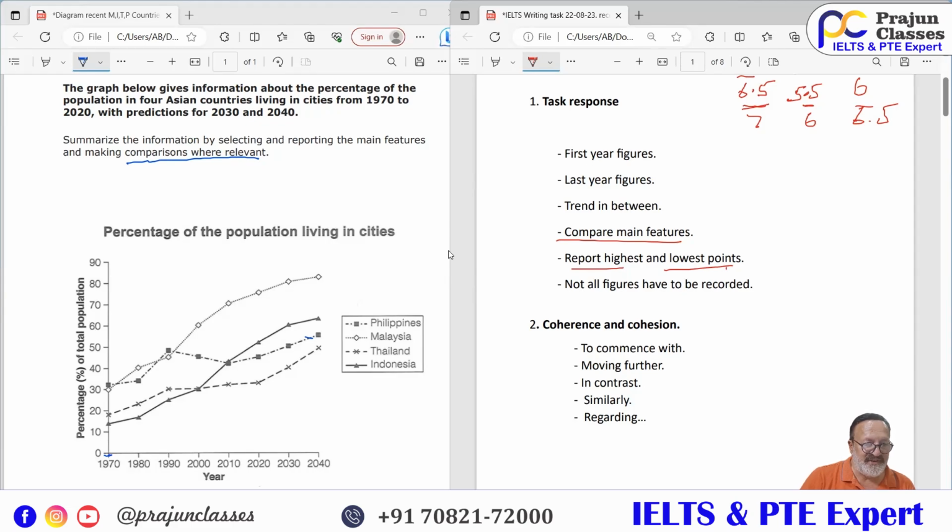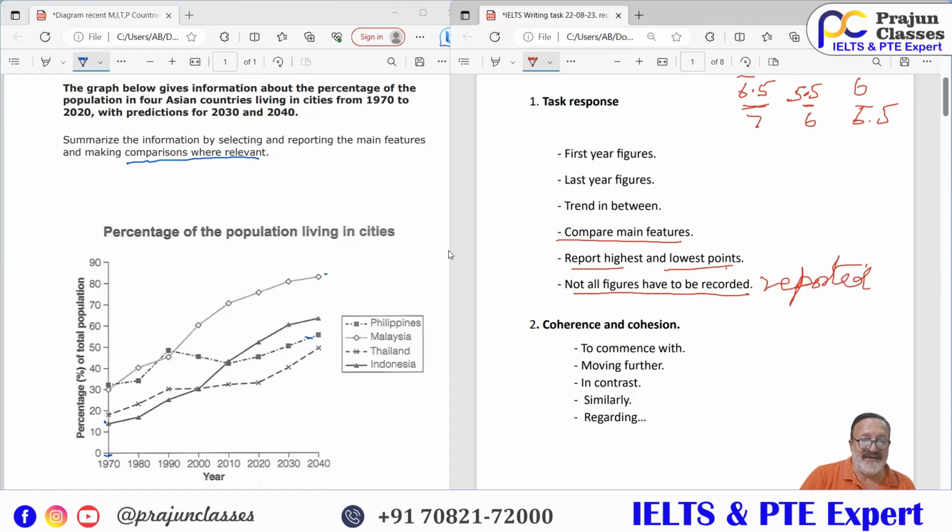So this appears to be the highest reading for all the data, and this appears to be the lowest reading of all the data. So these things should be reported. And another important thing is not all figures have to be reported or recorded. So you can skip out which are not necessary. Otherwise, it can be very lengthy.